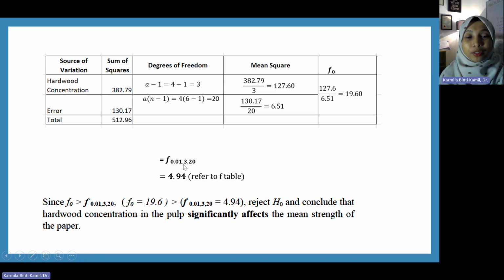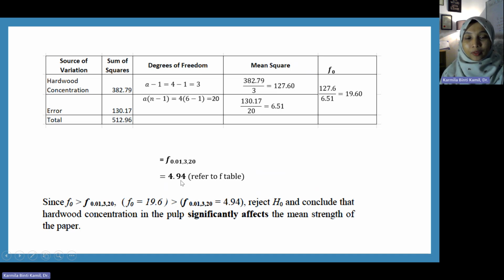The degree of freedom number 1 is 3, and degree of freedom number 2 is 20. From the earlier example on how to look at the F distribution table, we already know that F at 0.01 with degrees of freedom of 3 and 20 is 4.94. So we know that the F critical is 4.94.